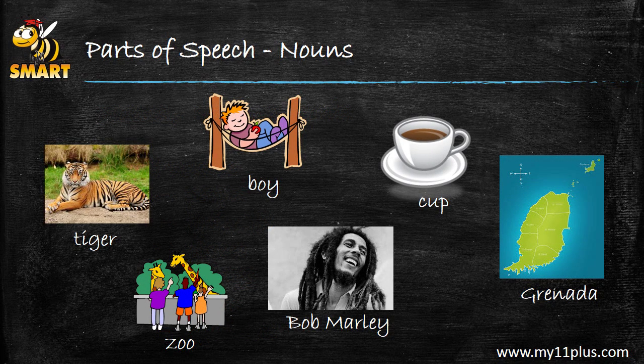So examples of words that we use to name objects would be words like tiger, boy, cup, zoo, Bob Marley, and Grenada. So if you look, you'll see that those are names of people, places, objects, right? So they're naming words. And because we said that parts of speech are used in sentences, they're the building blocks of sentences, let's take a look at how we use nouns in sentences.